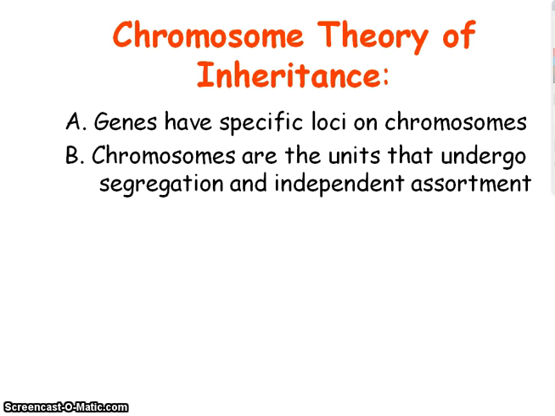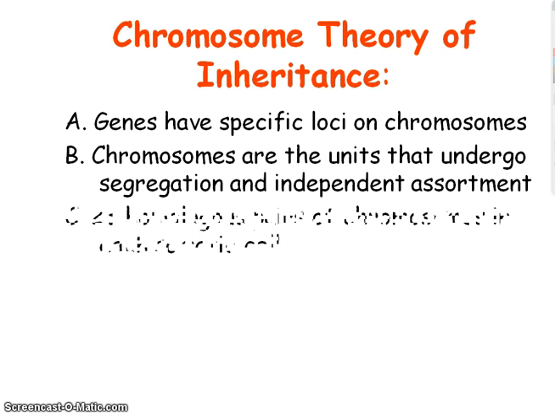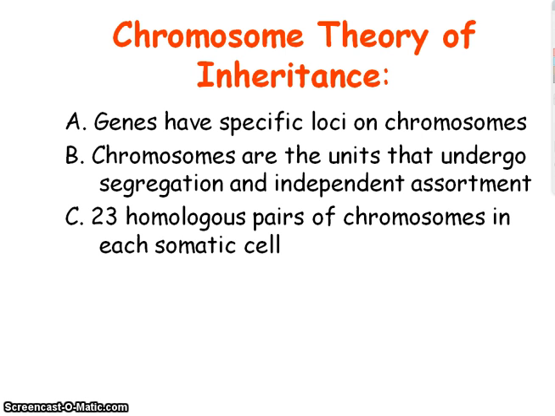And that, when he talked about the principle of segregation and the principle of independent assortment, that the factors or the units he was talking about, we're going to say that those units are actually the chromosomes that undergo segregation and independent assortment. So this is nothing new. It's just using the vocabulary that we know today and applying it to what Mendel said, back in the 1890s or whatever.